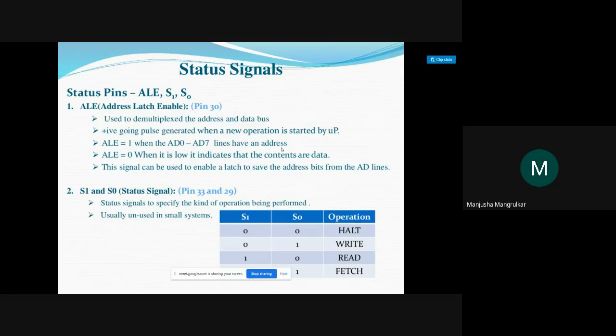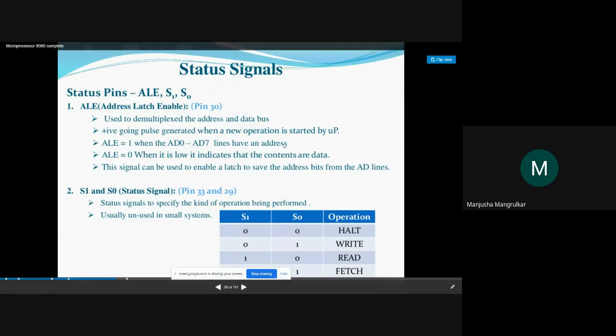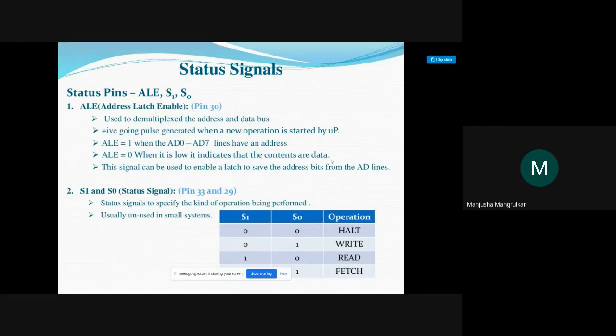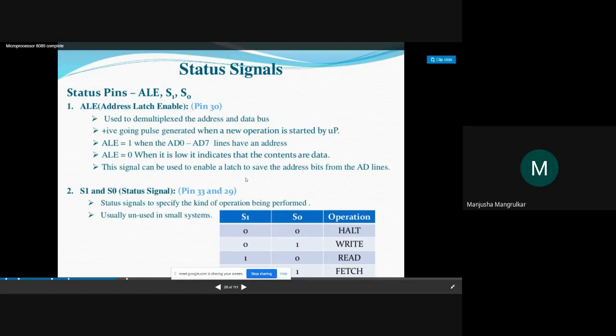If ALE is 0, the lines carry the data; when it is low, it indicates the contents are data. So ALE gives the identification for AD0 to AD7: when ALE is 1, the lines act as A0 to A7, and when ALE is 0, they act as D0 to D7. This signal can be used to enable the latch to save the address bits from the AD lines.